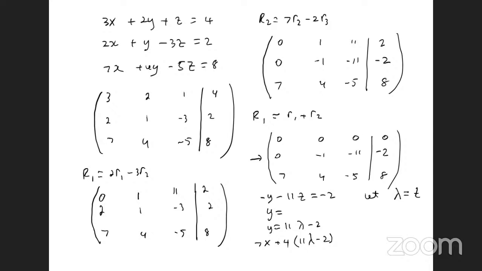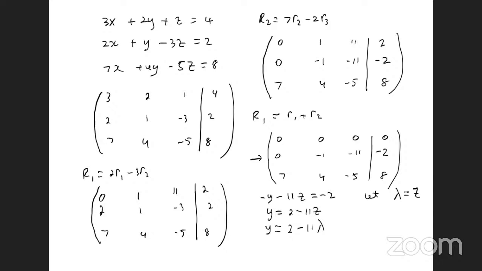I'll come back to that, but y is supposed to be equal to 2 minus 11z. That's what I meant. No, I just introduced that. I said let z equal lambda, so y is equal to 11 lambda. So just one variable I introduced.